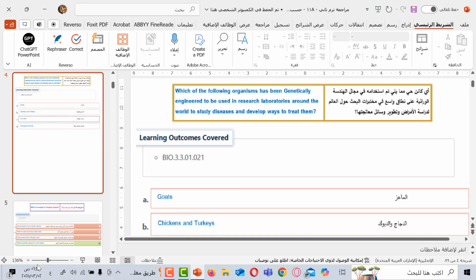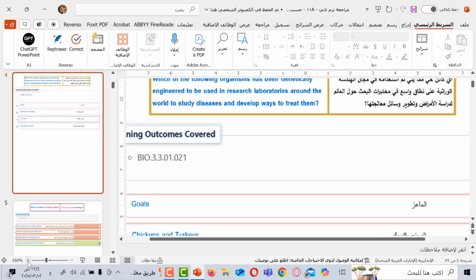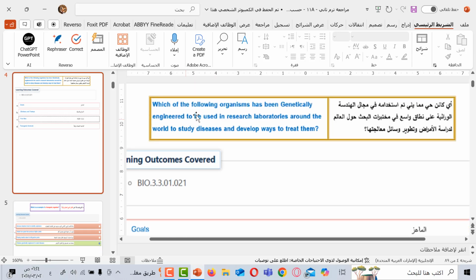Here, let me make it bigger. Which of the following organisms has been genetically engineered to be used in research laboratories around the world to study diseases and develop ways of treatment? This is what I said before.